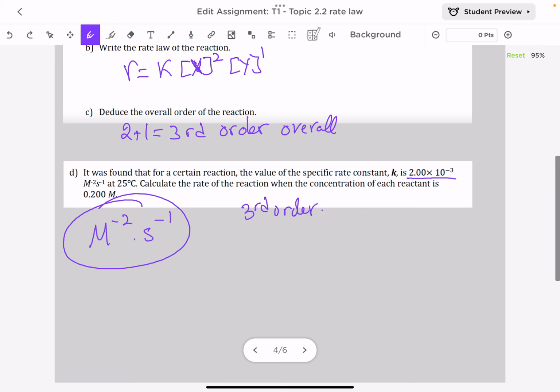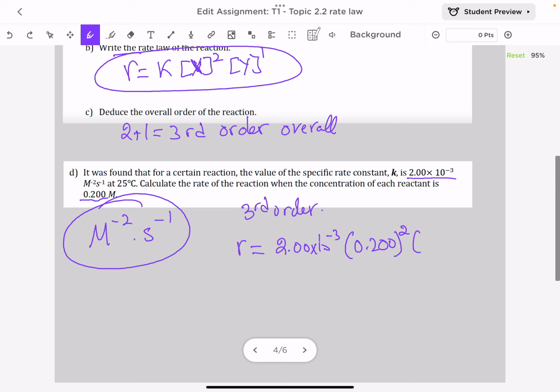Now calculate the rate of the reaction when the concentration of each reactant is 0.2. So let's substitute in the formula. R equals, this is the formula, K is 2.0 times 10 to the power negative 3 multiplied by X. Now the concentration is given to me, 0.200 squared, and the concentration of Y is as well 0.200, to the power of 1.